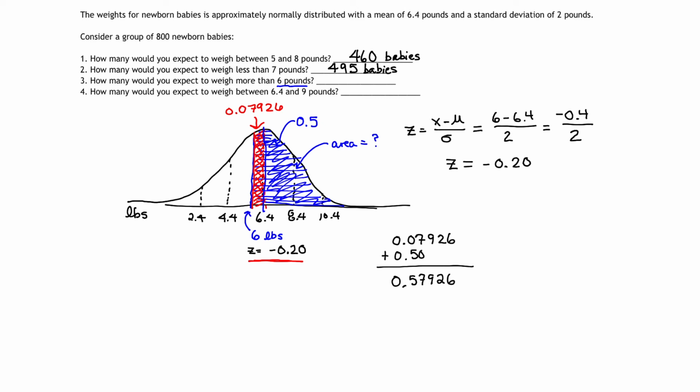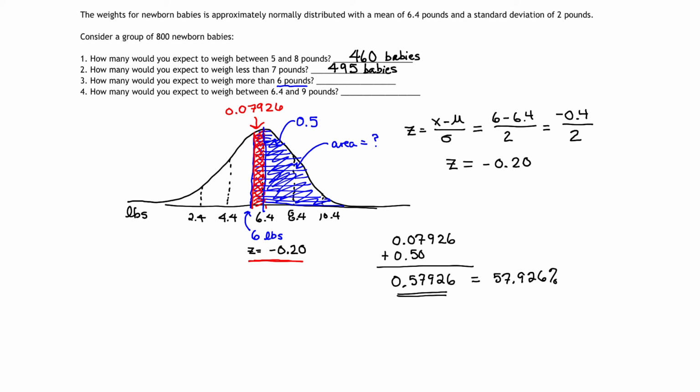This right here represents the area under the curve to the right of 6 pounds. If we want to look at it as a percentage, that would be 57.926% we would expect falling to the right of that 6 pounds as far as newborn babies go.